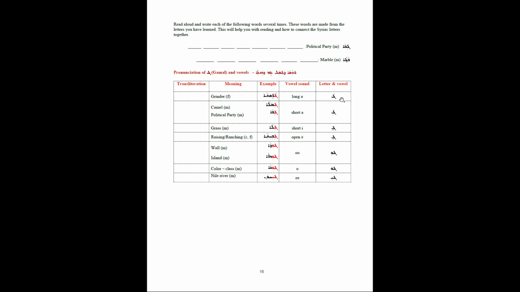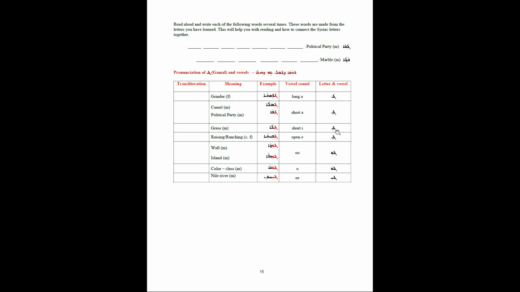Sounds of skapa with the vowel with the gamal: g, ga. I have two words, gamla and gabba.